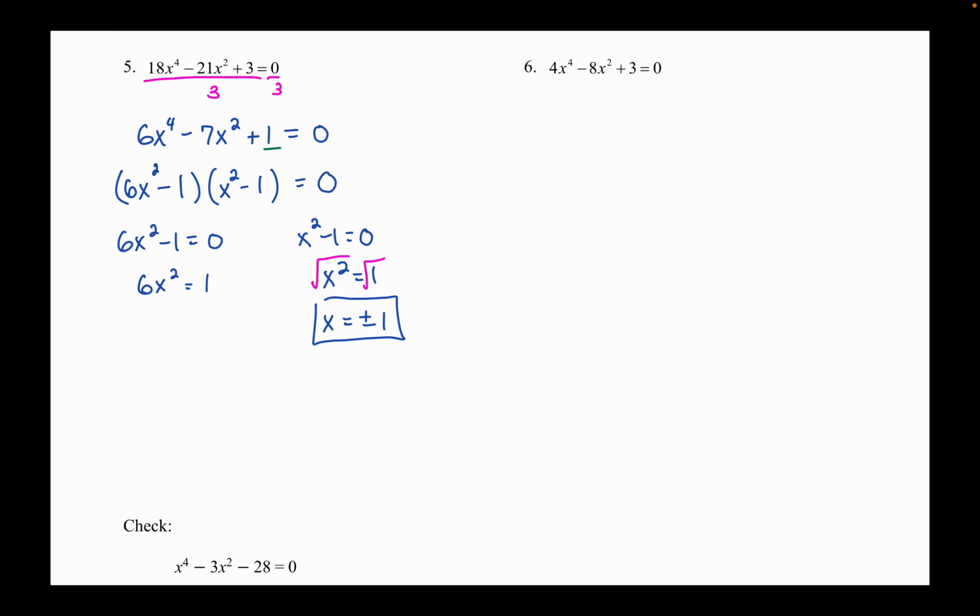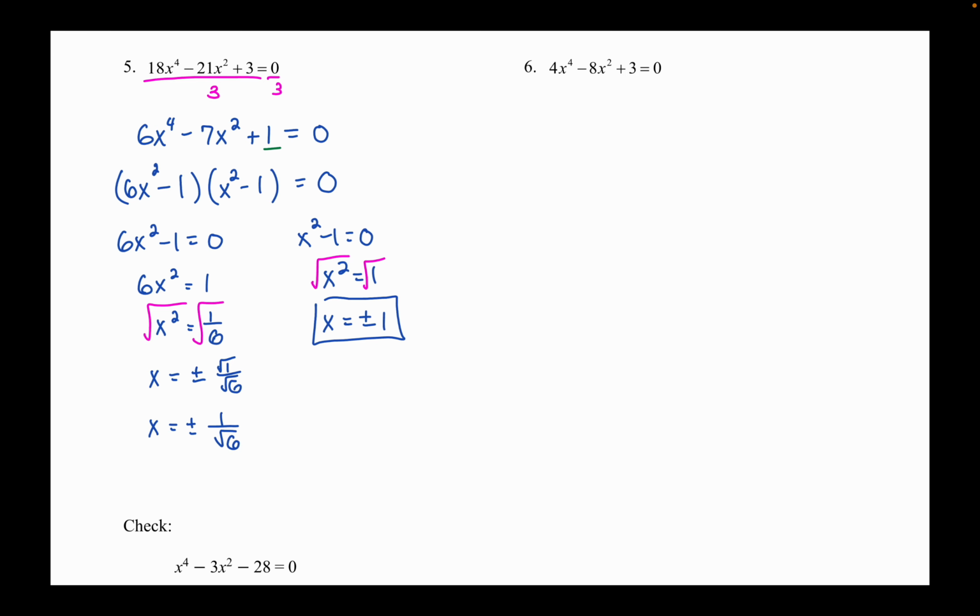We can add 1 over, divide by 6, and then take the square root. This will be x equals plus or minus square root of 1 over square root of 6. Square root of 1 is just 1.